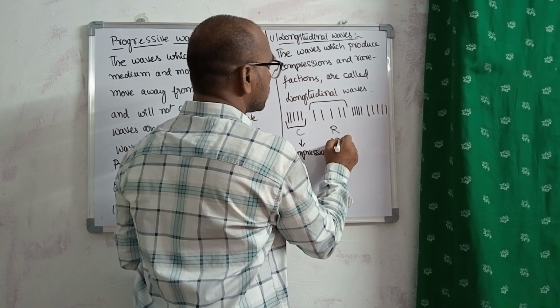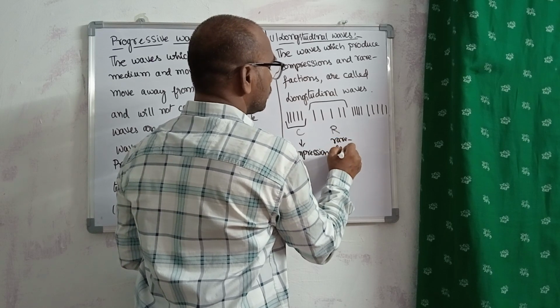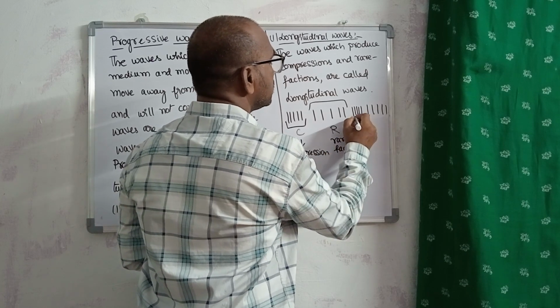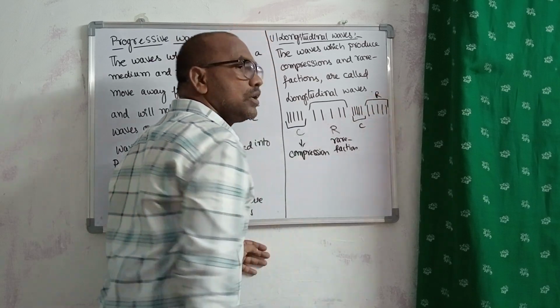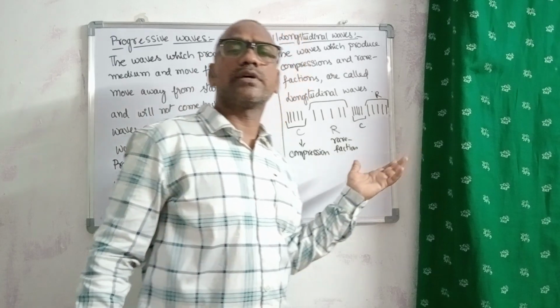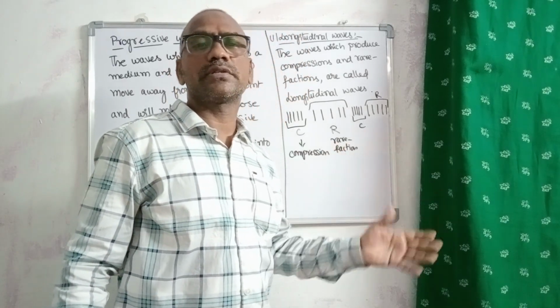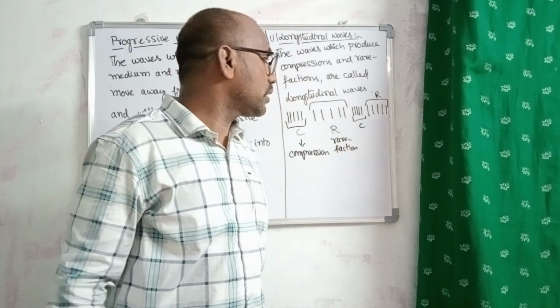This is a rarefaction. Again, this is compression. This is a rarefaction. So alternately compression, rarefaction, compression, rarefaction. Like this, the regions will be formed.